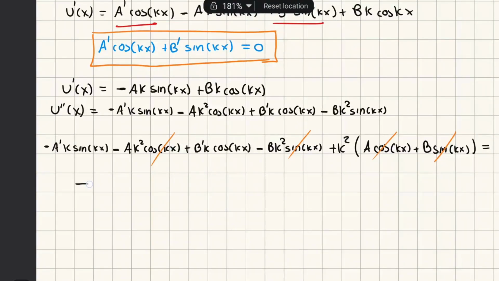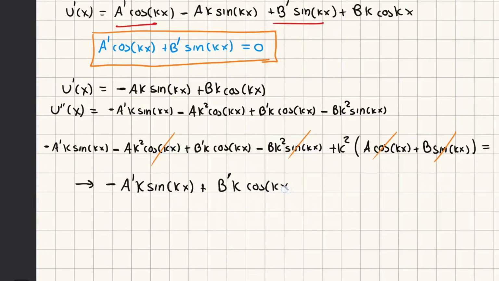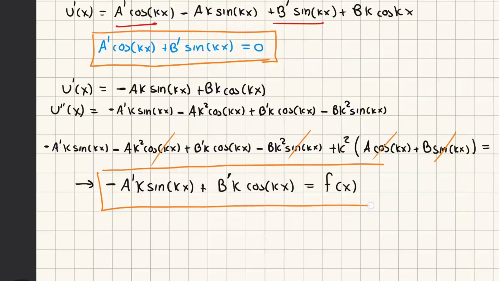So we get that minus a prime k sine of kx plus b prime k cosine of kx is equal to f of x. With this, we have a second equation that will allow us to find a prime and b prime.